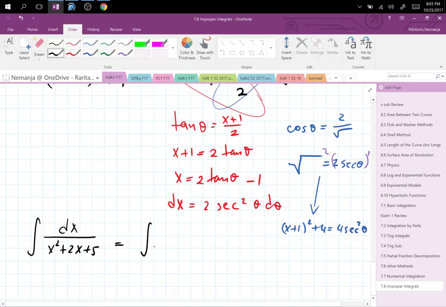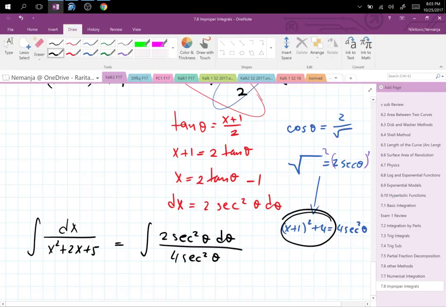And instead of dx, I have 2 secant squared theta d theta. And the denominator is 4 secant squared theta, this part. We know that this and this is the same thing, right? You do completing the square and you just put it in a different form.